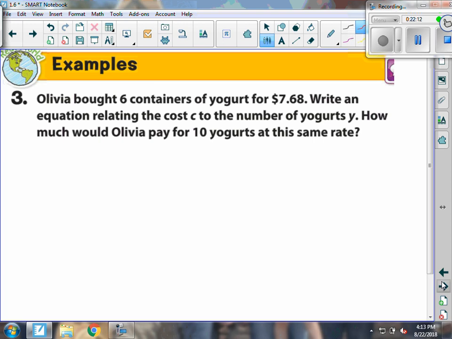So the first thing we have to do is find out our unit rate between the cost and the containers of yogurt. So this goes back a couple of lessons. So we're putting the cost, $7.68, for 6 containers.